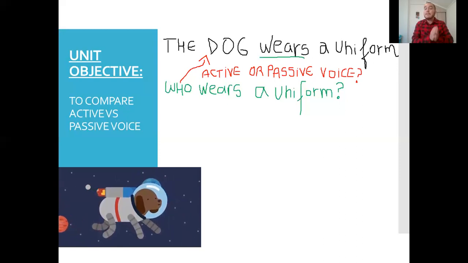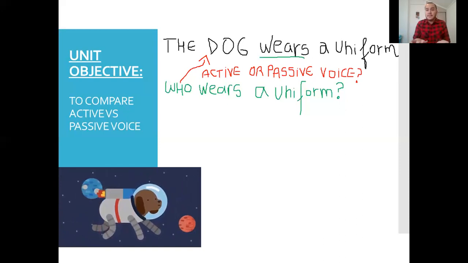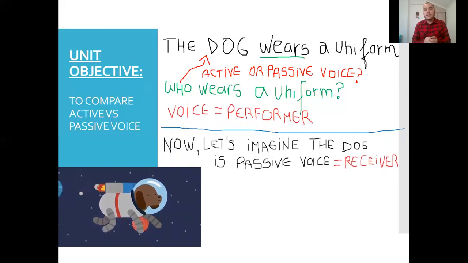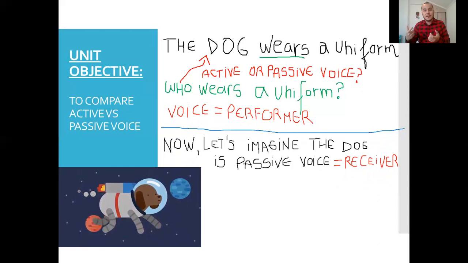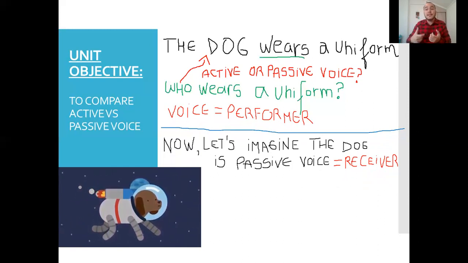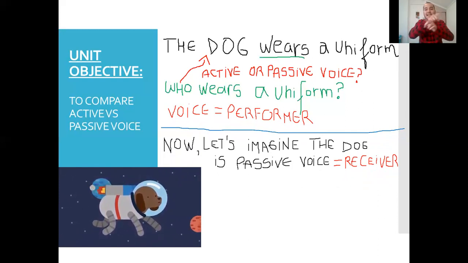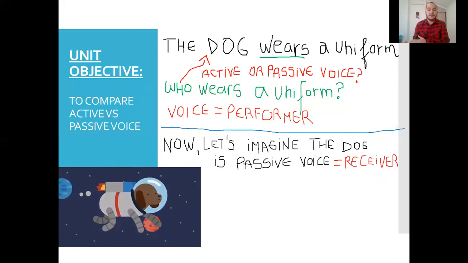But I got a very interesting question because this is active voice, but what is passive voice? For that, let's imagine that the dog now is the one who receives the action, the one who is passive voice. What does it mean? To change the position of the subject and the rest of the sentence.